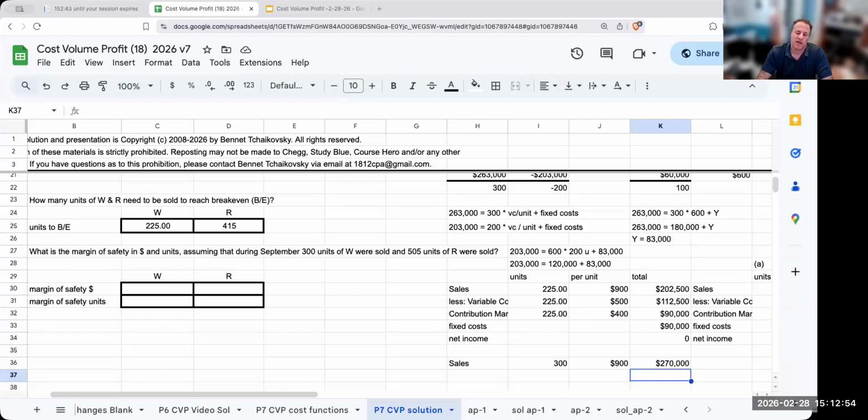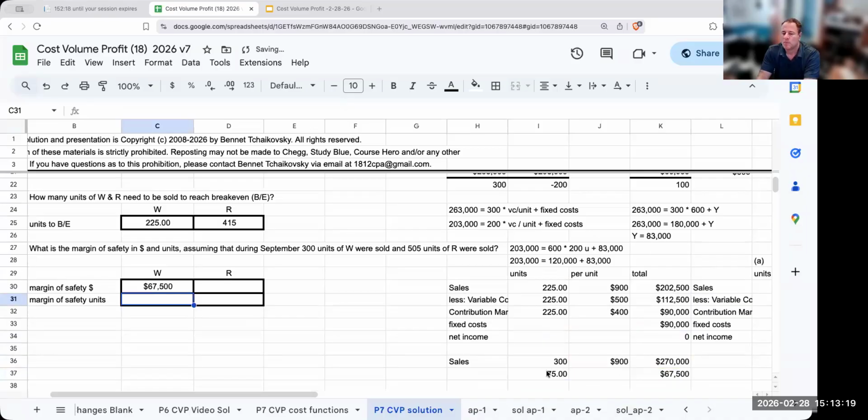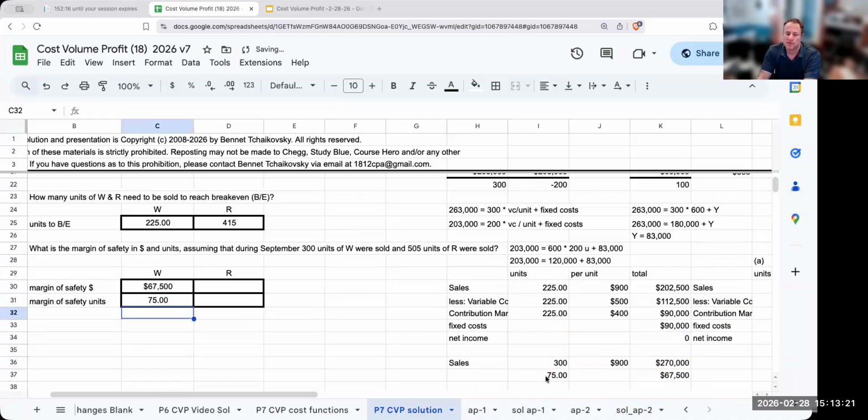So my margin of safety between what I'm currently selling and reaching break-even, in sales dollars, is 67,500, or the difference between how many units I sold versus the units sold at break-even. So my margin of safety in dollars is going to be 67,500. My margin of safety in units is going to be 75.